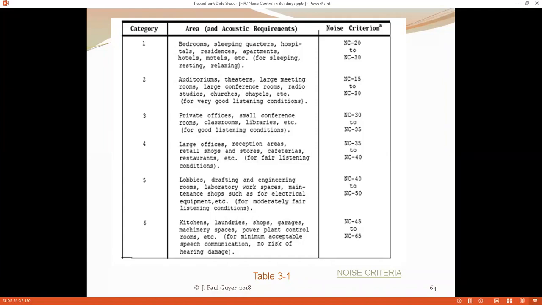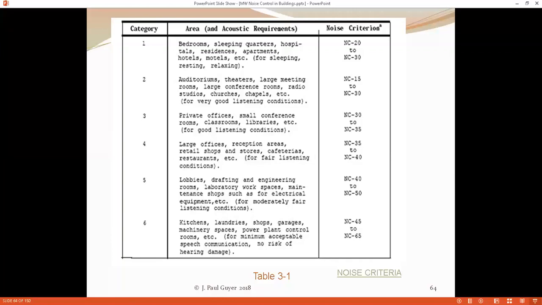Category 3, you can tolerate a bit more noise in the environment, but you still want good listening conditions. This would be private offices, classrooms, libraries, and for this kind of human activity, you would select an NC curve of 30 to 35. Larger offices, cafeterias, stores, shops, restaurants, you still want to have fair listening conditions in category 4.